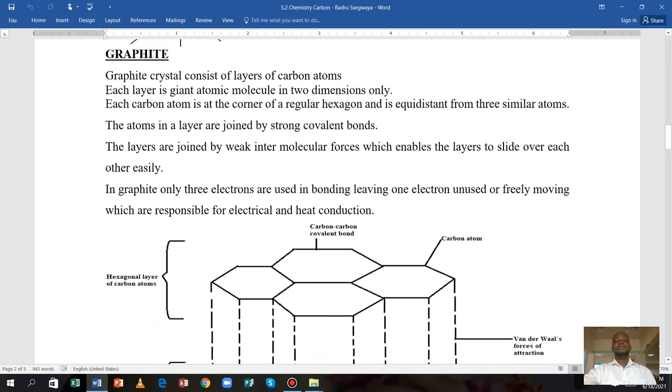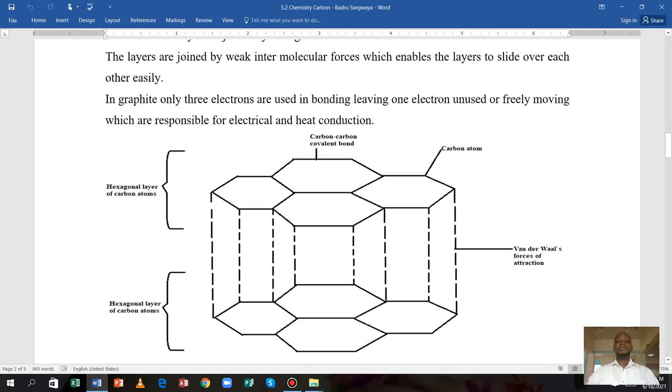This implies, therefore, carbon uses 3 electrons to form 3 covalent bonds with other carbon atoms, leaving the 4th electron unused for bonding. For that reason, the unused electron is delocalized, is freely moving, and this enables graphite to conduct heat and electricity.